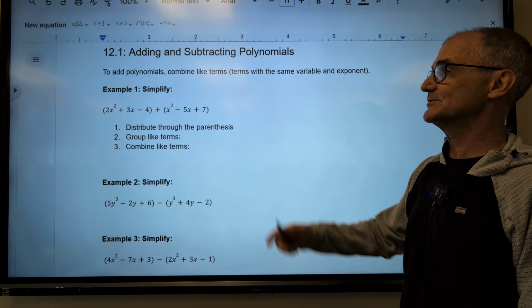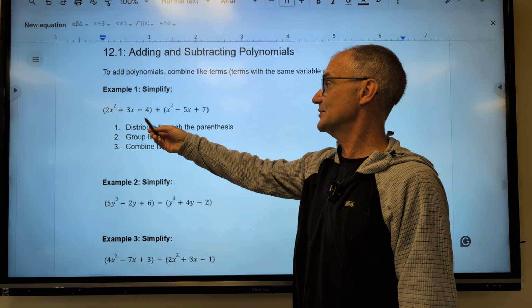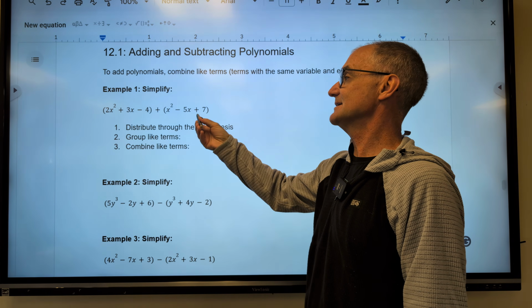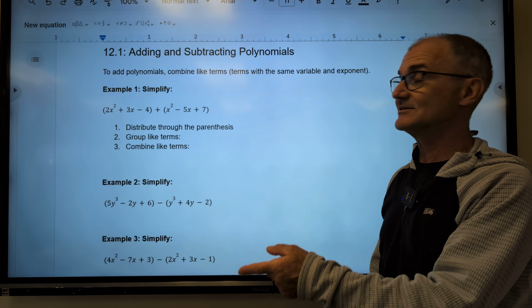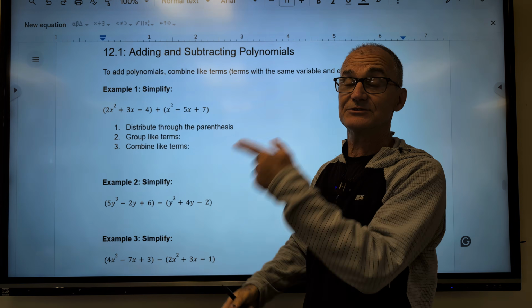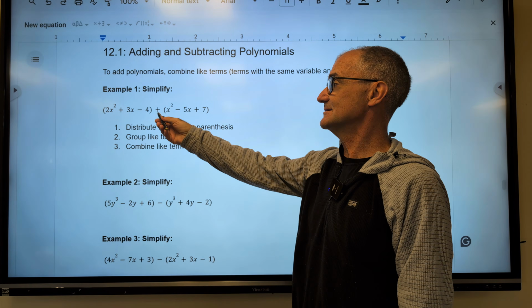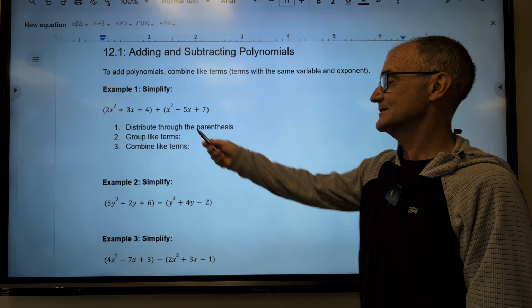So our first example right here is we have a second degree polynomial plus another second degree polynomial. One of the key things to always look for is what this symbol is right here. The quickest way to get tricked on these is not to distribute that symbol through the whole quantity. So this one's positive.